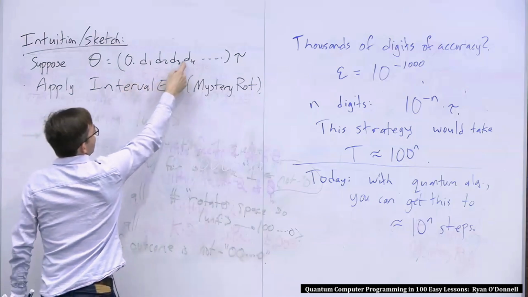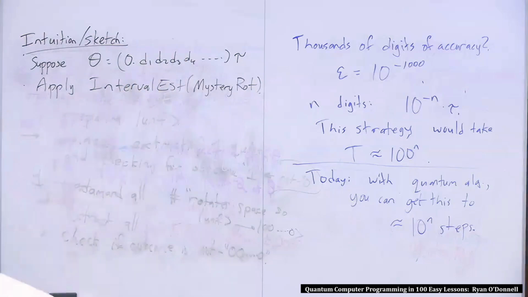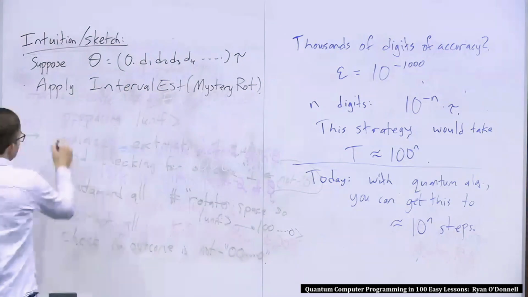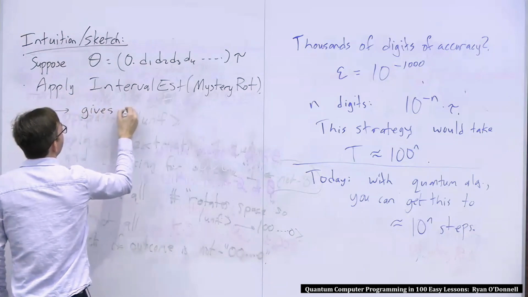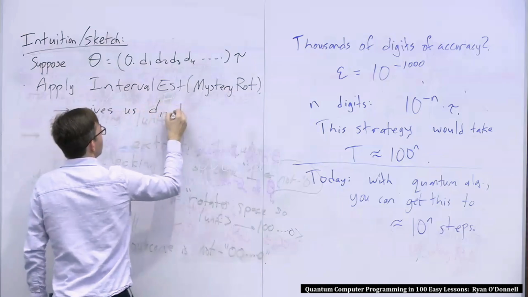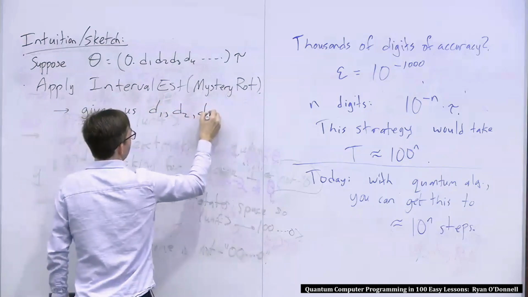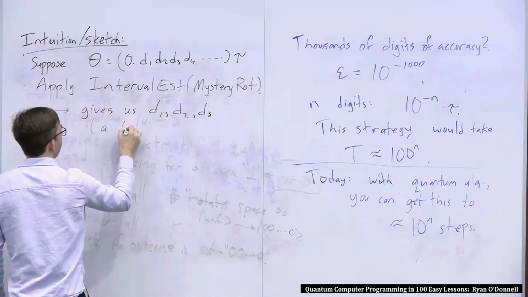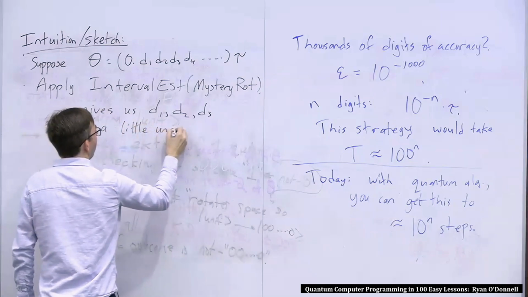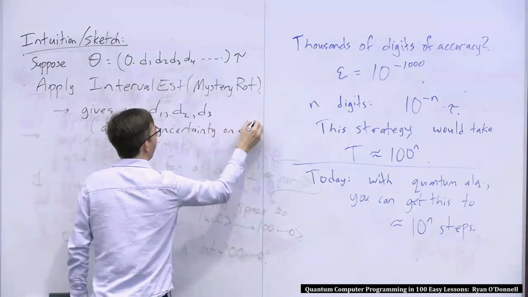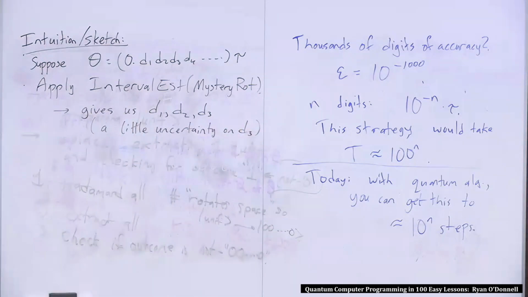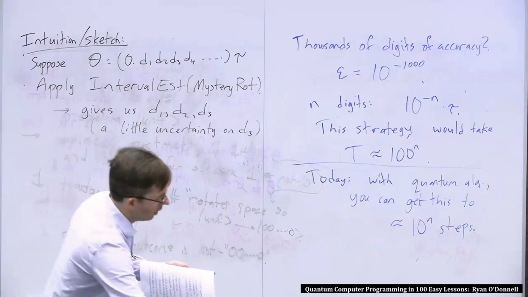So it basically gets us the first 3 digits. Okay, so this gives us, I'm being a little imprecise here, we'll be more precise later, but this gives us like d1, d2, and also d3, maybe like a little uncertainty on d3. Does that make sense? Okay, so we're like, great, we got 3 digits, 997 digits to go.